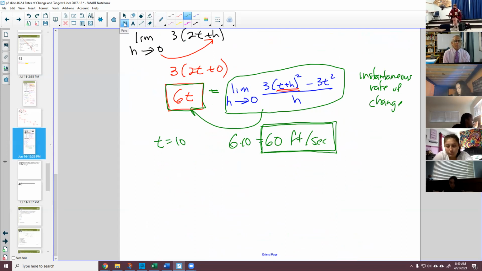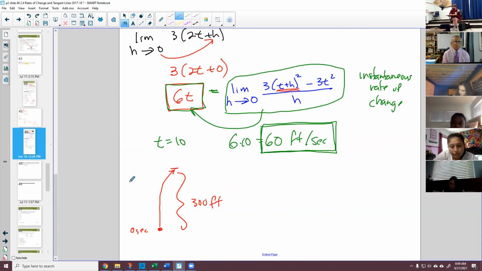Here's the rocket starting here at 0 seconds. And then in 10 seconds, here's the rocket. It's up here, and Jordan helped us determine it's 300 feet high, right?